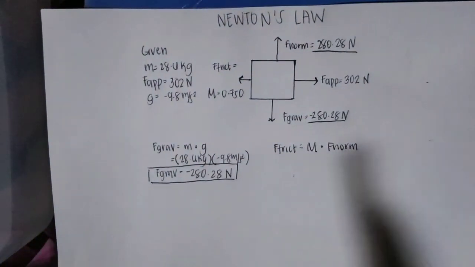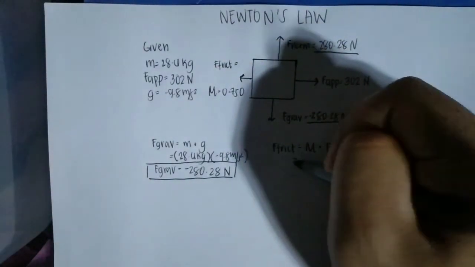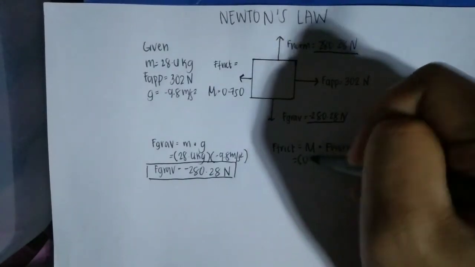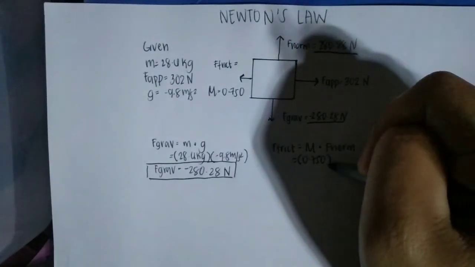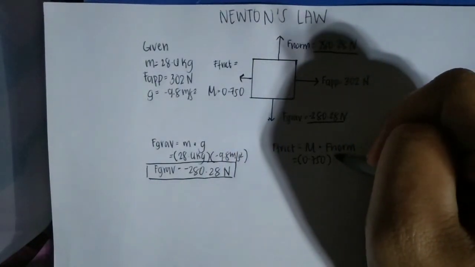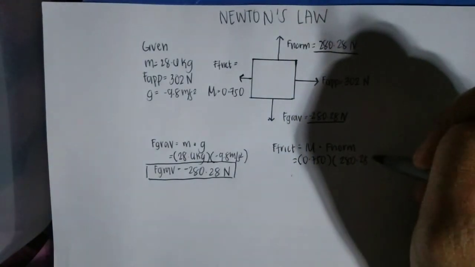Since we have the given, let's substitute. The mu, or the coefficient, is equal to 0.750 and our F norm is equal to 280.28 newtons.